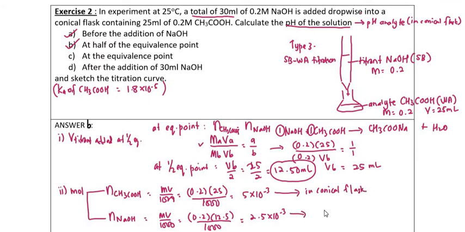This is a mole of titrant. Okay, this is a mole from burette that added to the conical flask to reach half equivalent. Alright?